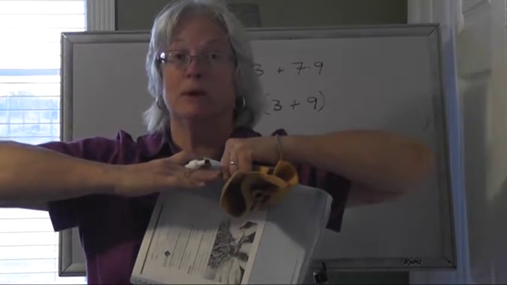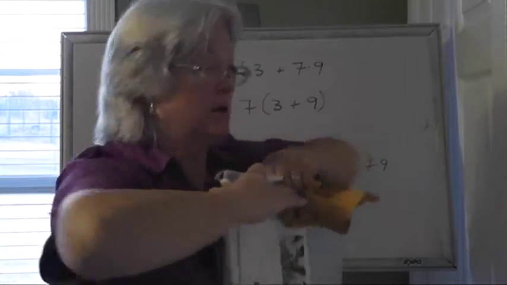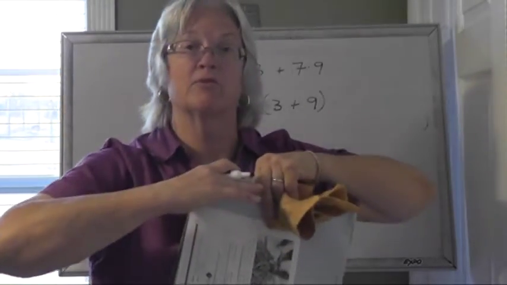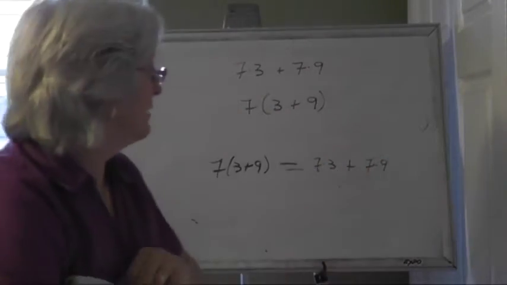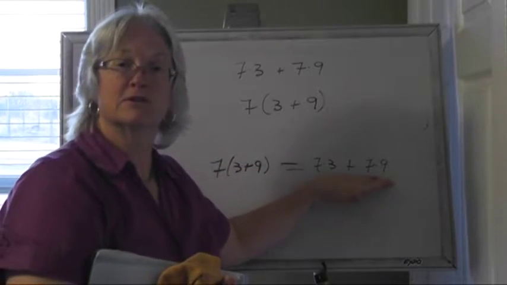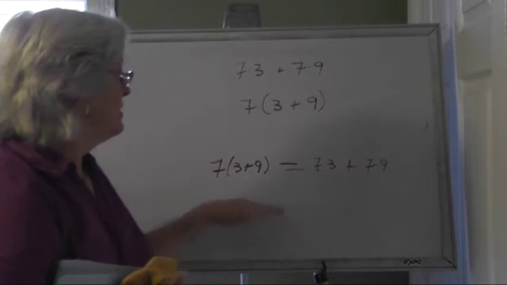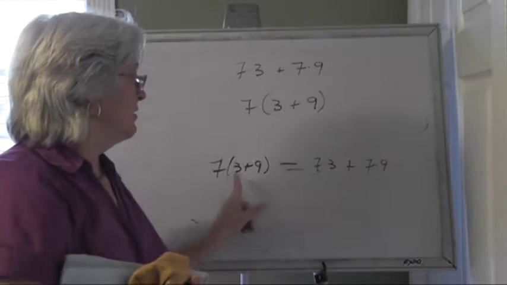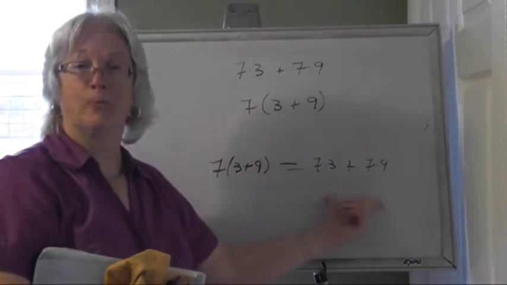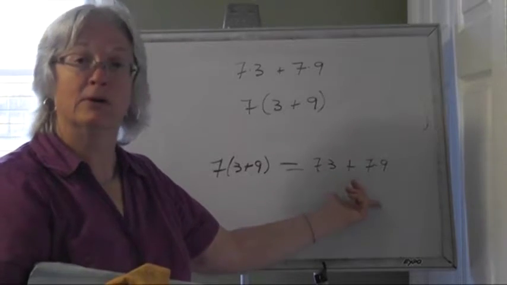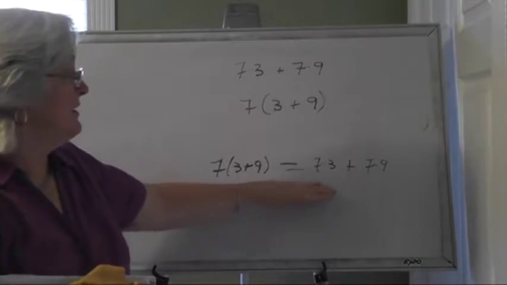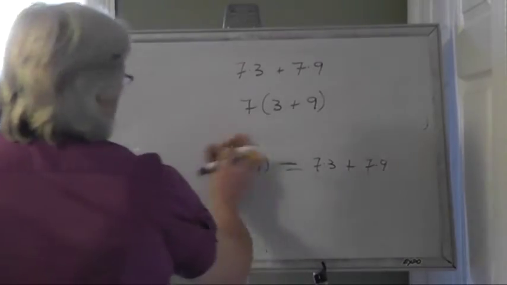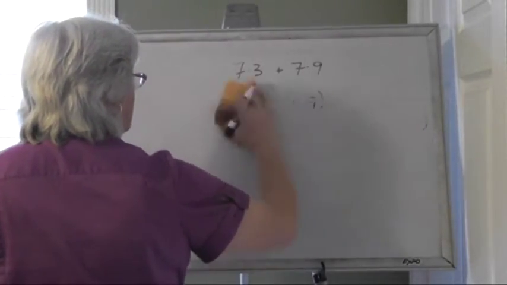It's like a balance beam or a seesaw. It doesn't matter if you're looking at it from the front or from the back. They're both balanced. So this principle, where you can go backwards using the distributive property, is very, very important.